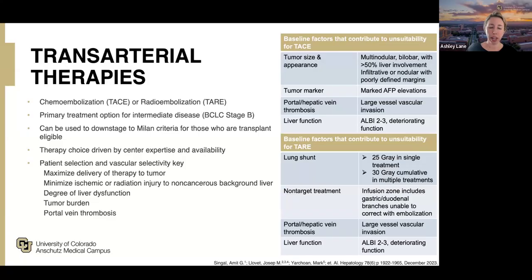And then do they have portal vein thrombus or not? So we know patients who have significant liver dysfunction, portal vein clots, large intrahepatic tumor burden have a lower chance of achieving objective response rates and have a higher risk of decompensation, although the established cutoffs for liver dysfunction or tumor burden haven't been well defined.